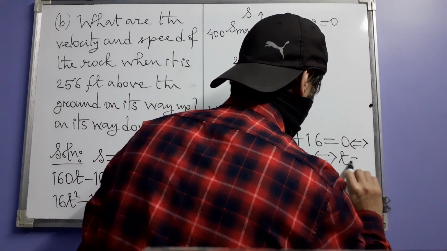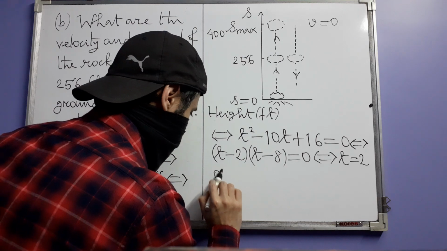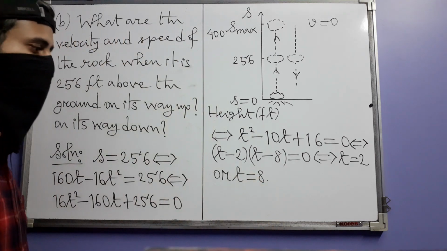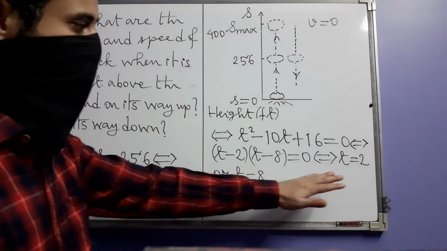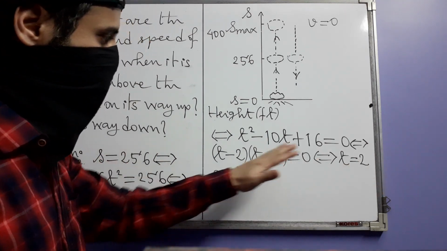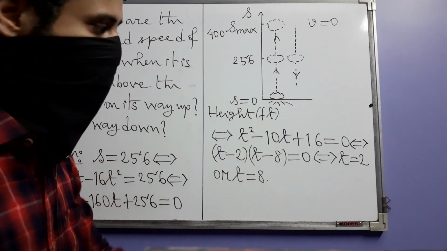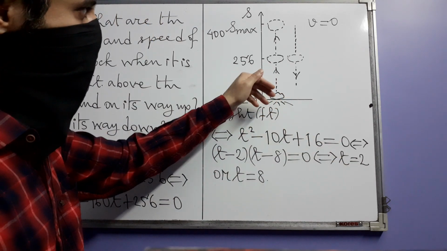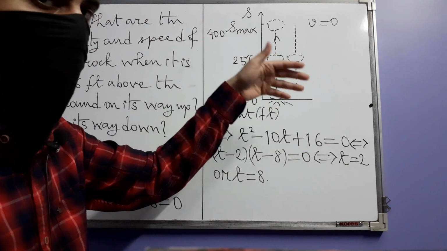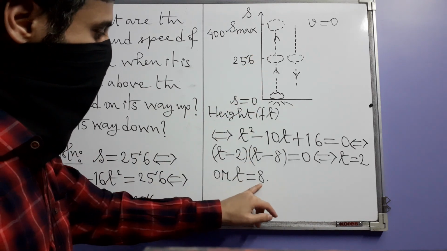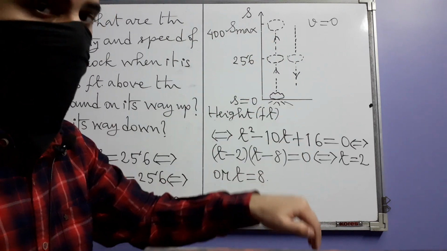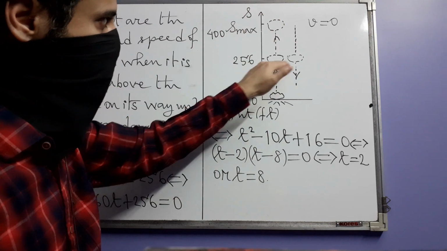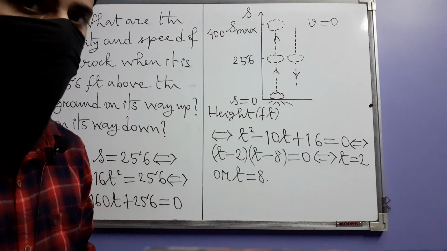That is, either t is 2 or t is 8. So it's clear that at which instant what happens. When t is 2, the rock reaches this height while going up, on its way up, and when t is 8, because that will happen afterwards, the rock again comes back while falling down, it reaches this height.